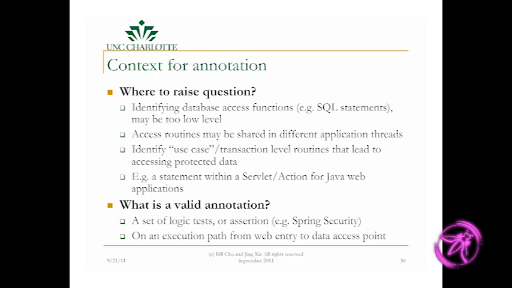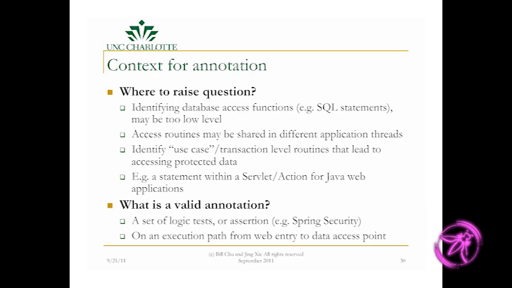So first, it has to be a logic test, and it must be on the execution path from the web entry to your database access. So if somebody just clicks something randomly, we at least do some sanity check to see if your annotation is actually going to do anything for this critical path.